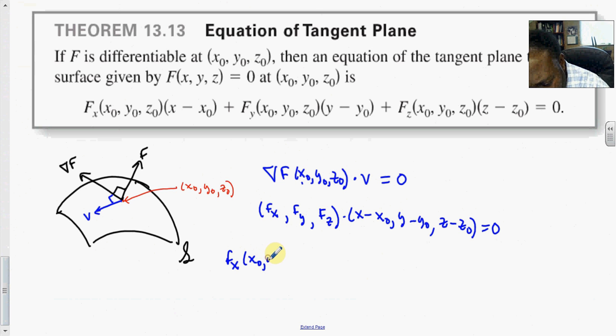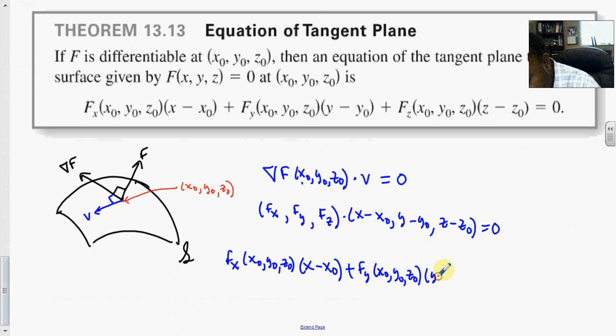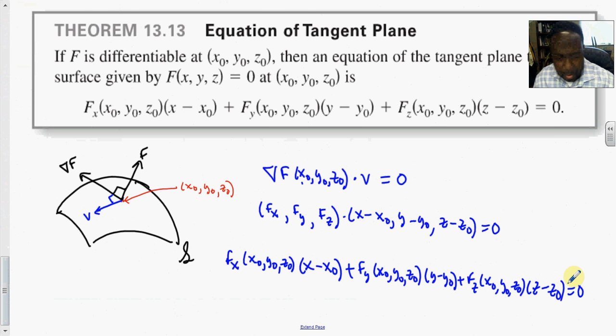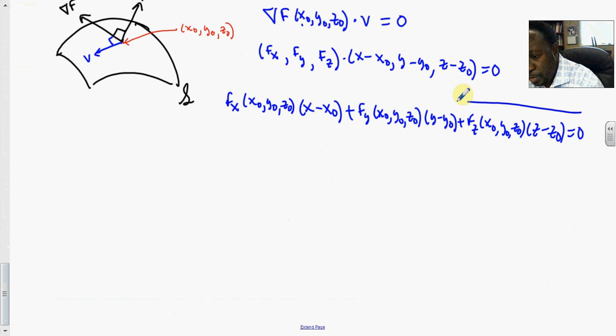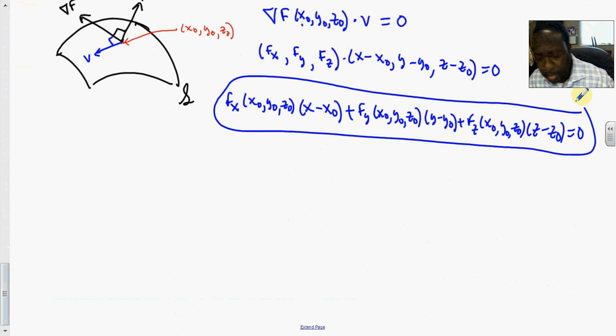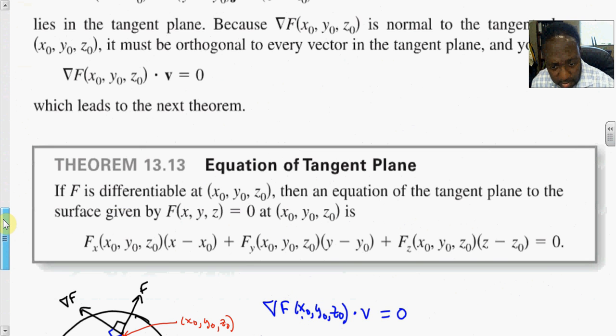So this is x naught, y naught, z naught times x minus x naught, plus, just taking the inner product, the partial of f with respect to y at x naught, y naught, z naught times y minus y naught, plus the partial of f with respect to z evaluated at that fixed point x naught, y naught, z naught times z minus z naught is equal to 0. Well, this, my friends, gives you the equation of the tangent plane. And so that's how it's built here.